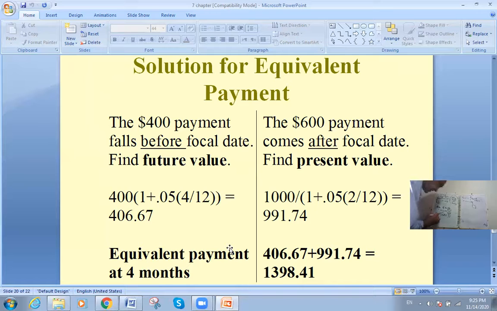So S equals $400 multiplied by 1 plus R times T. R is the rate of interest, 5%, so 0.05, multiplied by the time, 4 months. 4 divided by 12, because when the time is in months we divide by 12. So this amount will be 406.67.